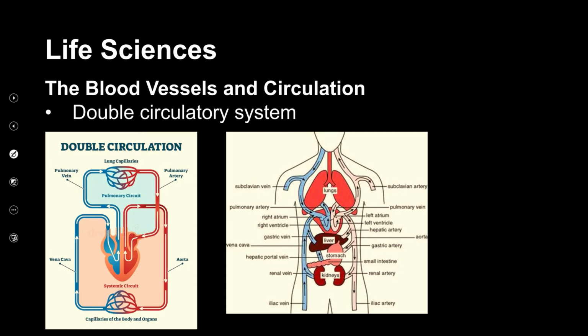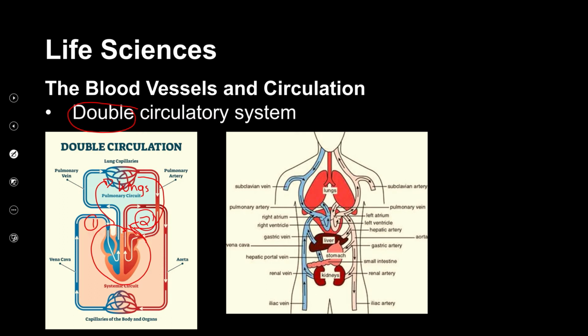Okay, so what do we have? Humans, or mammals, have what we call a double circulatory system. What does that mean? It means quite simply, look here, blood must come to our heart first. Then it must go to the lungs. And after the lungs, where must it come? Back to the heart.